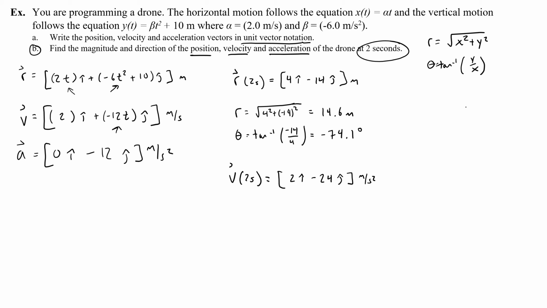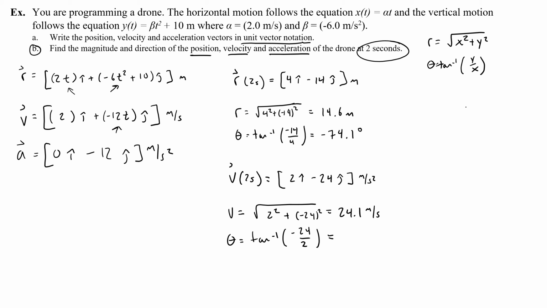Okay, so now I can find the magnitude of that velocity by doing the square root of 2 squared plus negative 24 squared, which is basically 24.08, so we'll say 24.1 meters per second, and then the angle for that would be tangent inverse of negative 24 over 2.